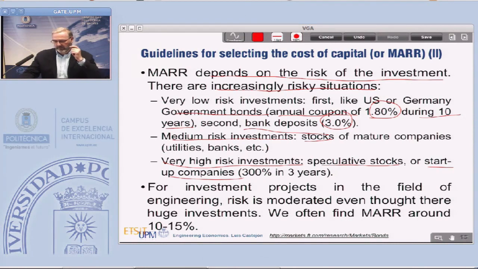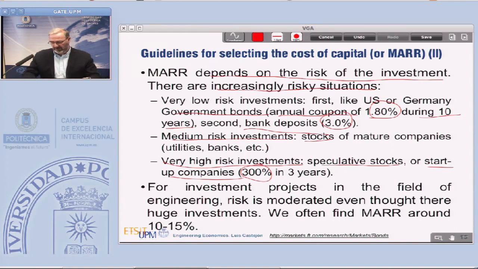You buy a new company which is starting, with promising future returns, but probably more than 50%, around 70%, of those startup projects fail. So that is the problem. And then you will ask for a return of 300% in 3 years, which is a very big return, but very high risk.